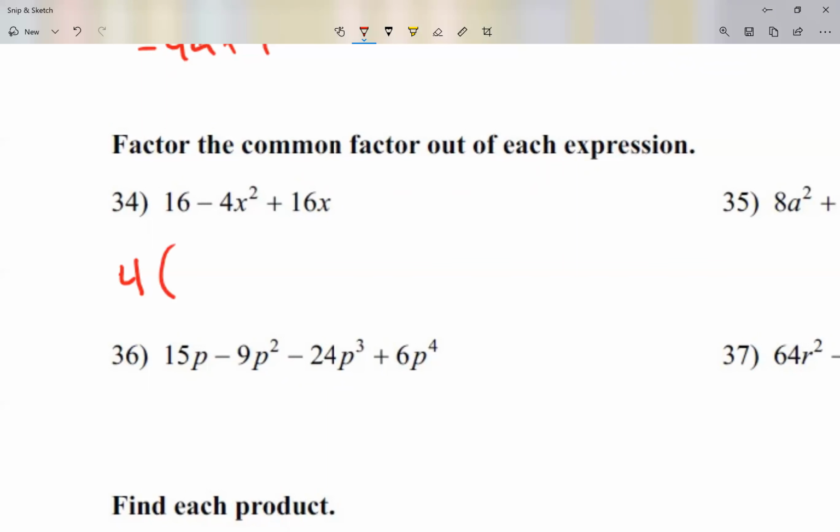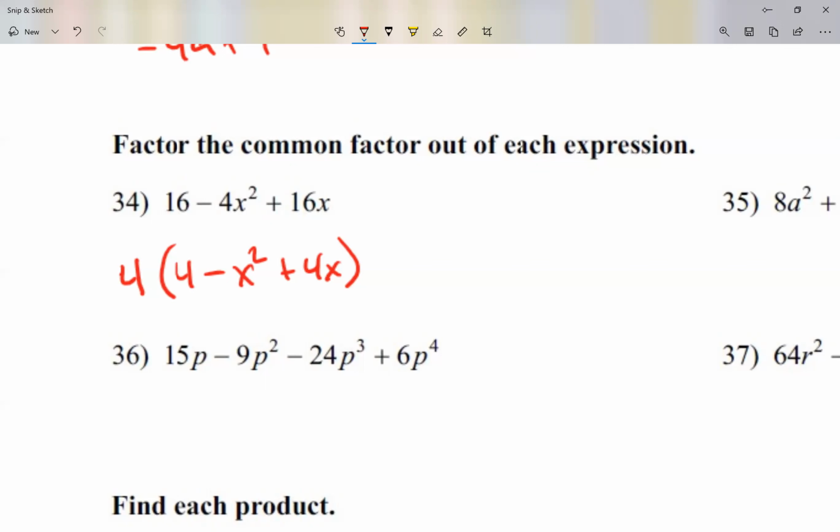So let me open my parentheses, and I'm going to divide every number by 4. So that's going to give me 4 minus x squared plus 4x, close parentheses. Notice I'm doing the distributive property backwards.